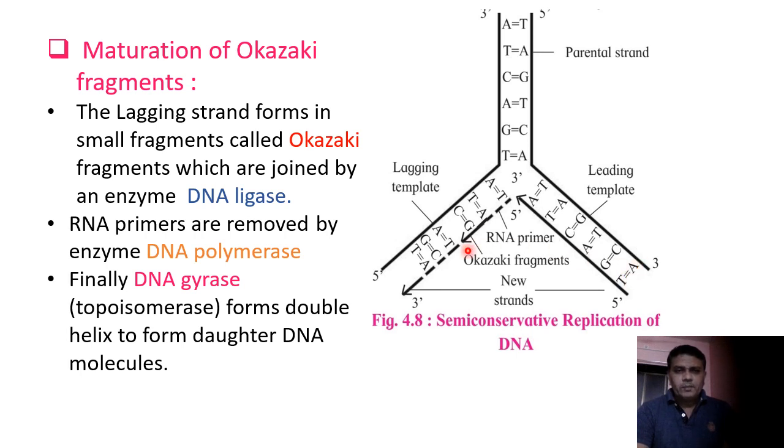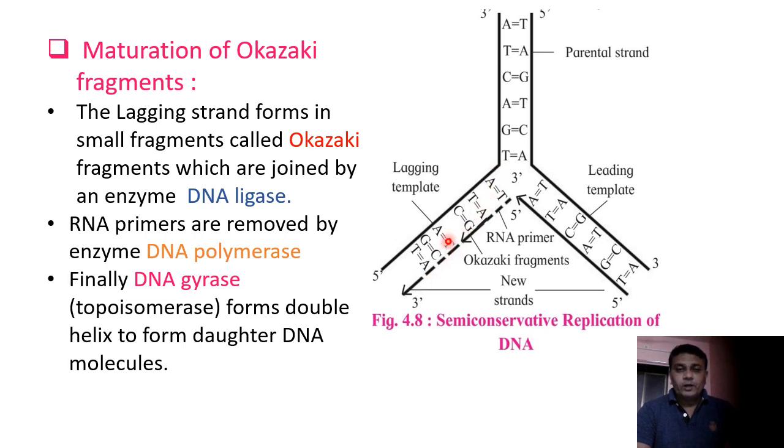These RNA primers are removed with the help of the enzyme DNA polymerase. And finally, an enzyme called DNA gyrase or DNA topoisomerase forms the double helix to form daughter DNA molecules.